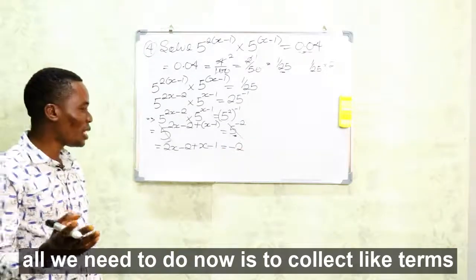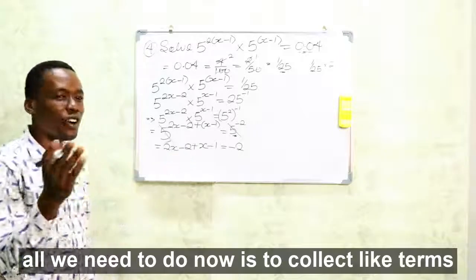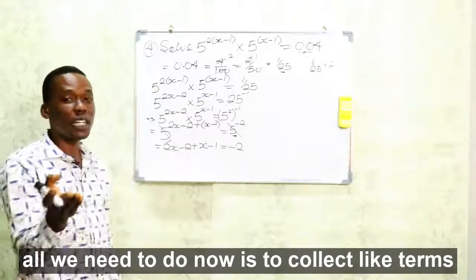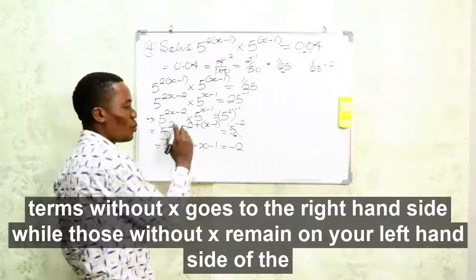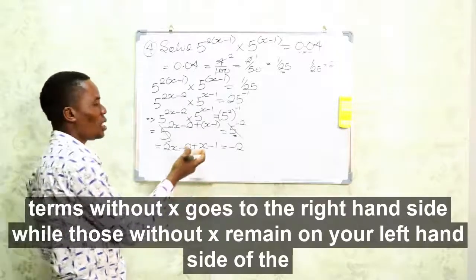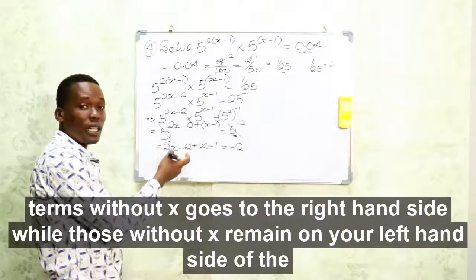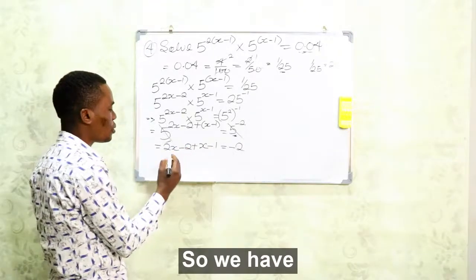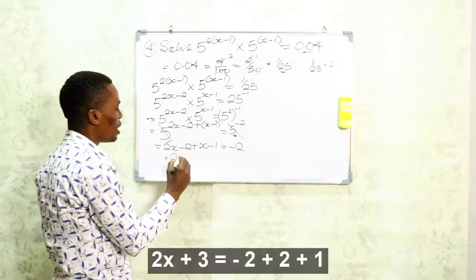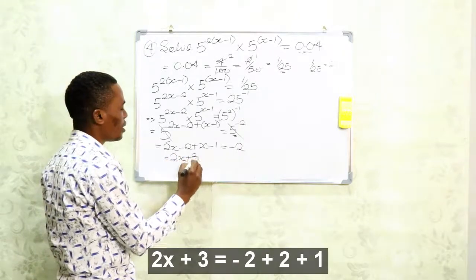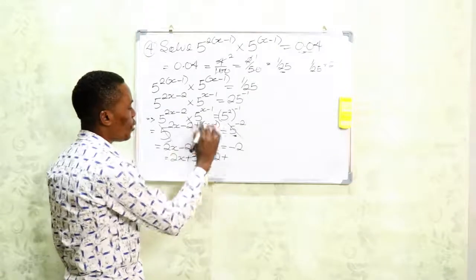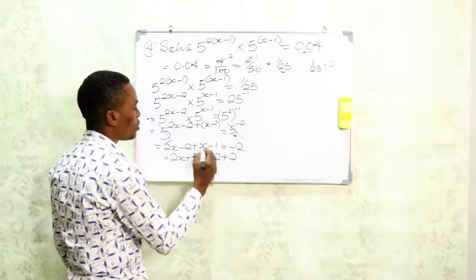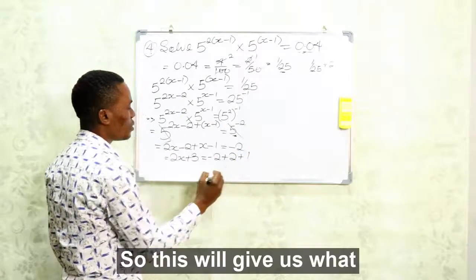So you see, gradually we are coming to a conclusion. But all we need to do now is to collect like terms. Those terms without x will go to the right hand side, while those with x will remain on the left hand side of the equation. So we have 2x plus x equal to minus 2 plus 2 plus 1.